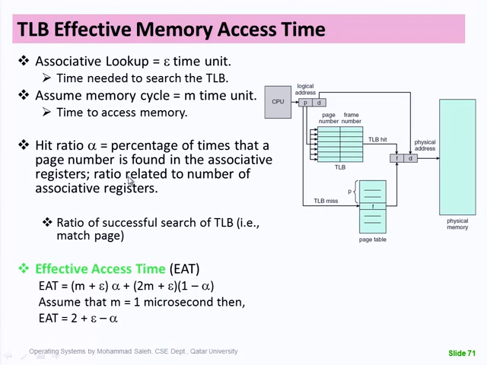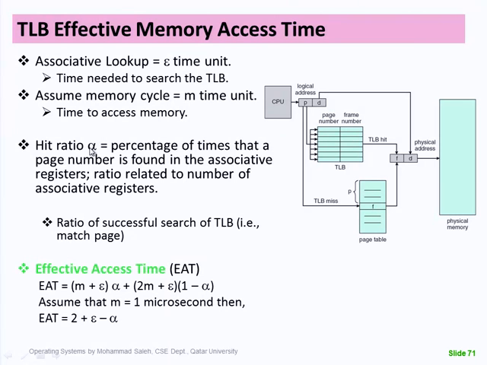Now, there is one measure for this. It's called the effective access time, the EAT. If we say that the percentage of the hit ratio, meaning that when we reference a page, the base is already there in the TLB, right? The percentage of that is alpha. Then the percentage of the miss ratio is what? 1 minus alpha.